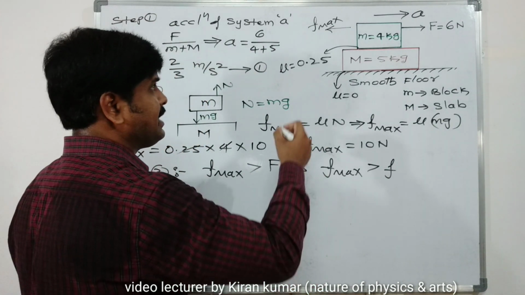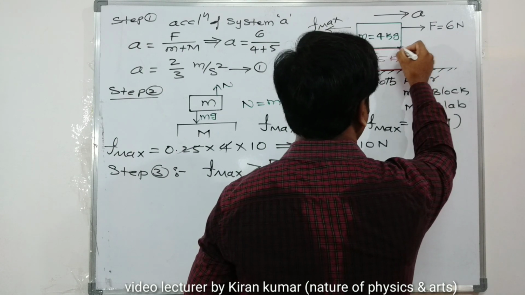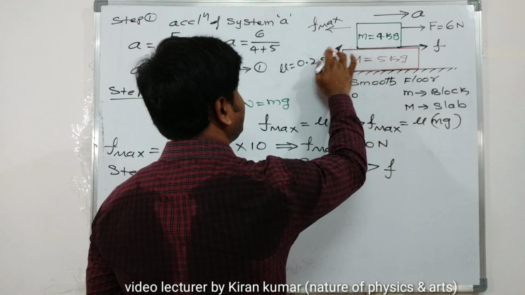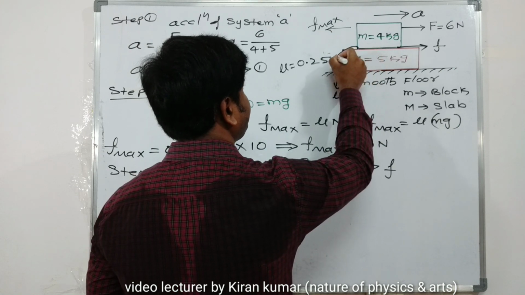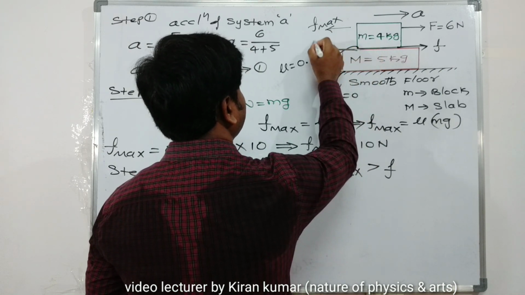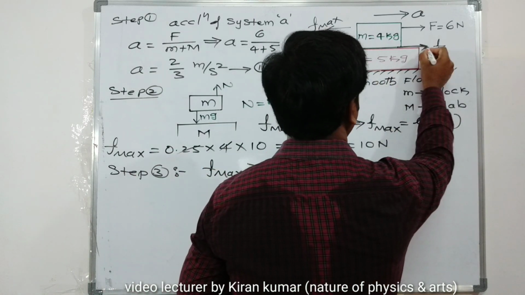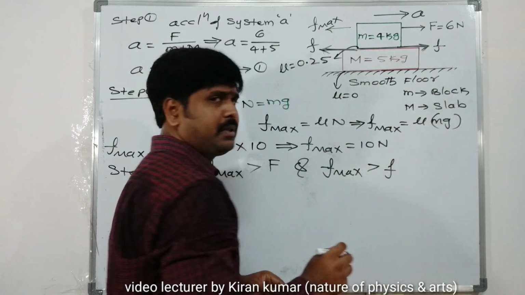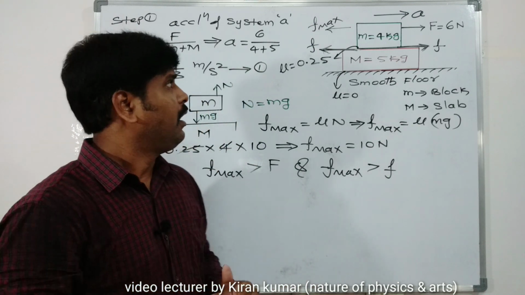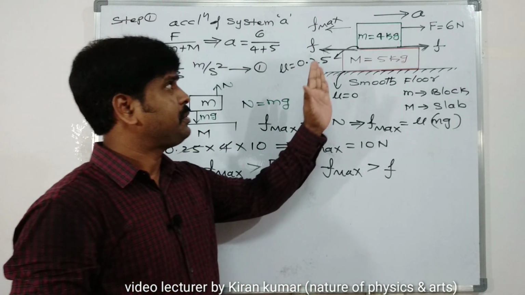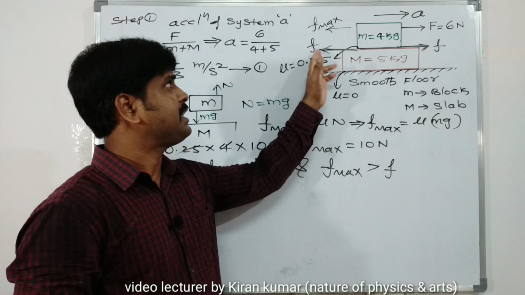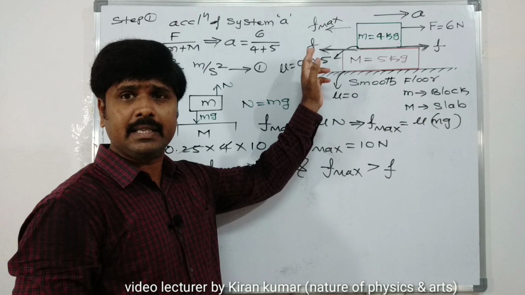This is the frictional force F acting here, and here also frictional force F takes place. These act like an action and reaction pair, so that due to the acceleration, the applied force and the frictional force F are acting on this body.